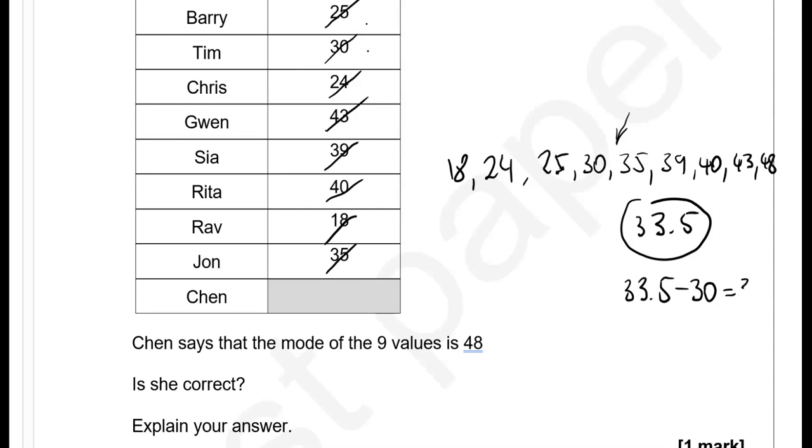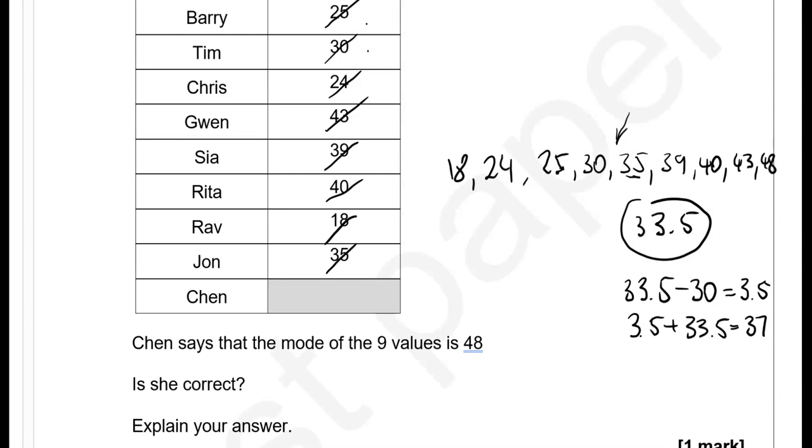That would give us 3.5 as the difference. So if I add 3.5 to 33.5, that would give us 37. But we have 35 before that, so that means it doesn't work this way.